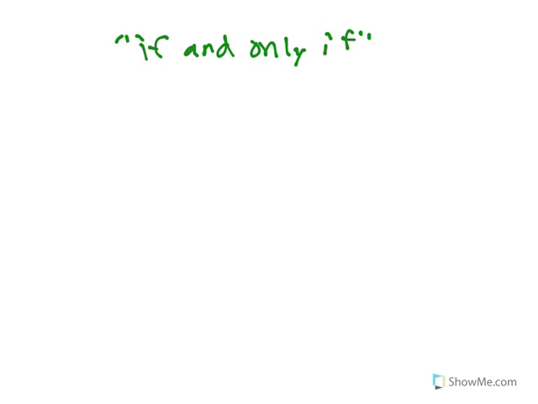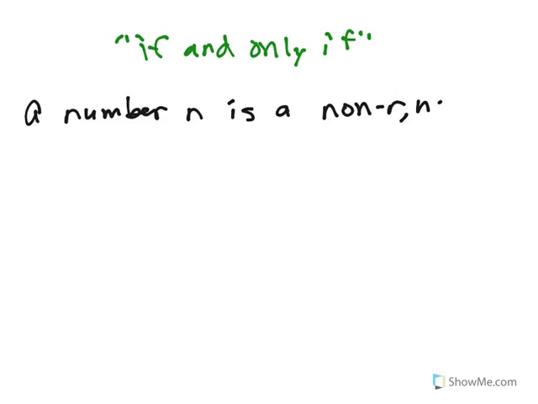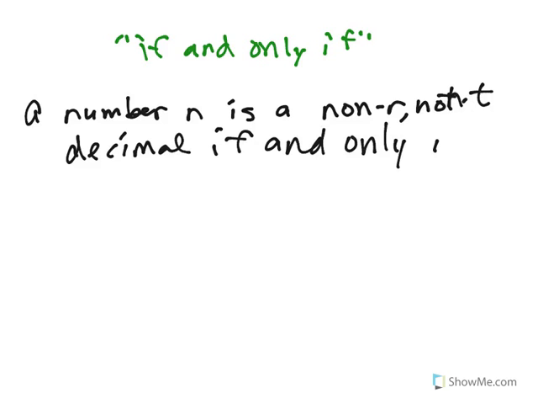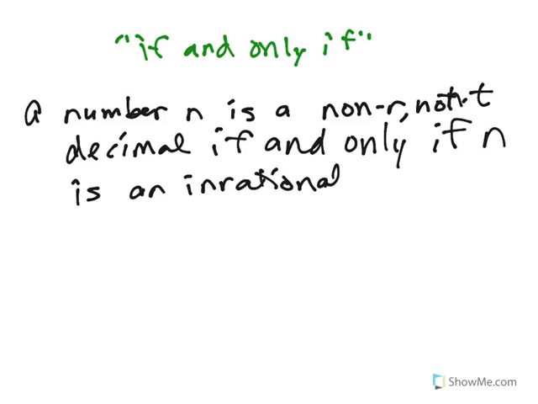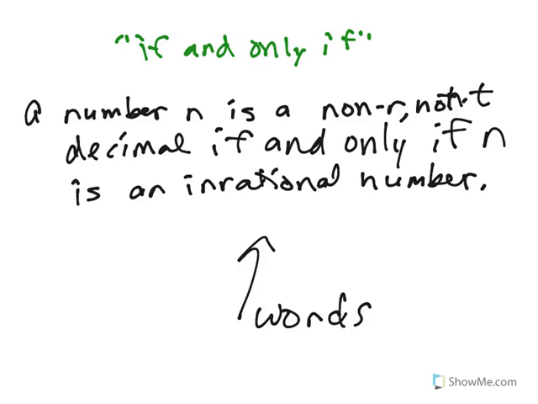So in words, we would say a number n is a non-repeating, non-terminating decimal if and only if n is an irrational number, right? And so this is in words, using the if and only if. That shows the biconditional piece.